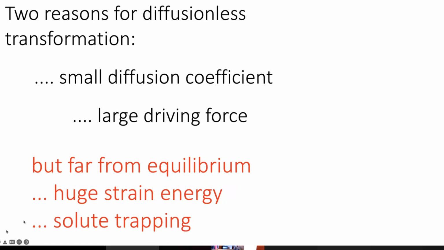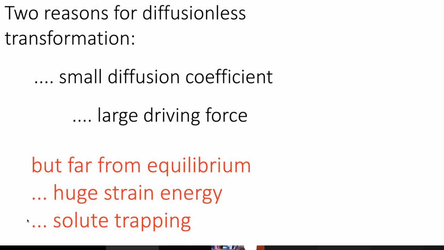And we will also store energy because some atoms, for example carbon, really don't want to be inside the martensite but are forced to be inside it. That is called solute trapping. The free energy of a carbon atom actually increases in going from austenite to martensite, so it is forced to be in the martensite even though it does not want to be there.